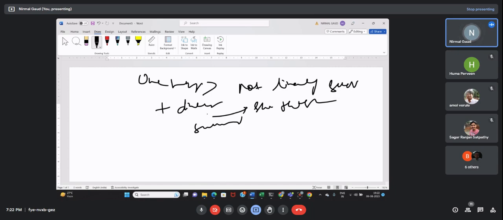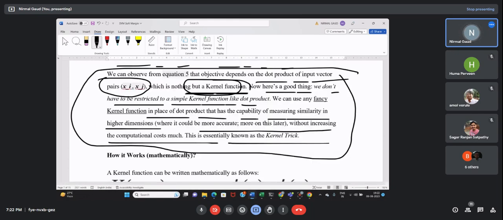Because we have seen some cases where it's a tough call for a line to separate the data. So if you check the line which has been said to you, we have in place of the dot product the capability of measuring similarity in the higher dimensions. Why did this higher dimension come? The higher dimension came because we don't have only a few dimensions.